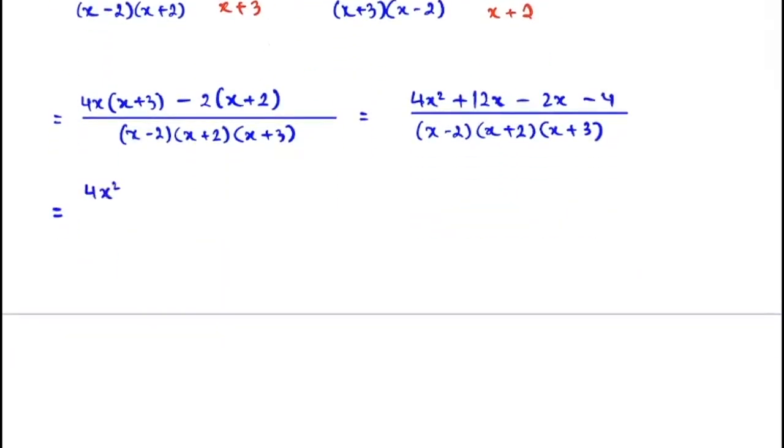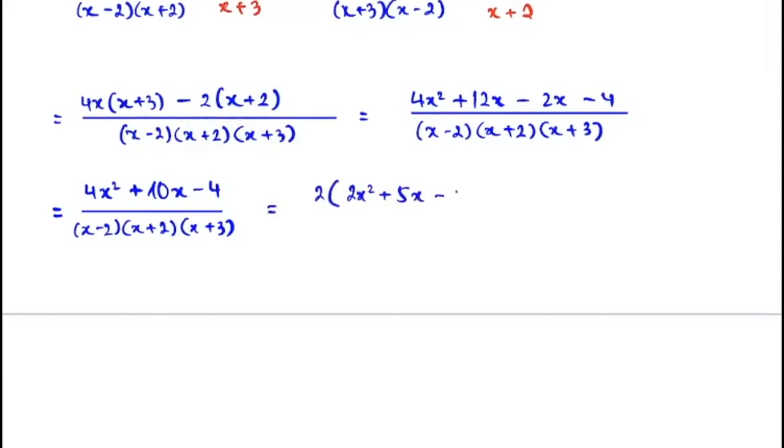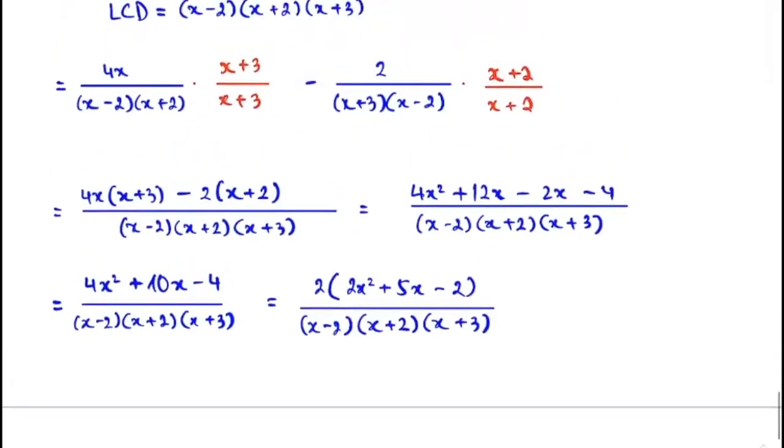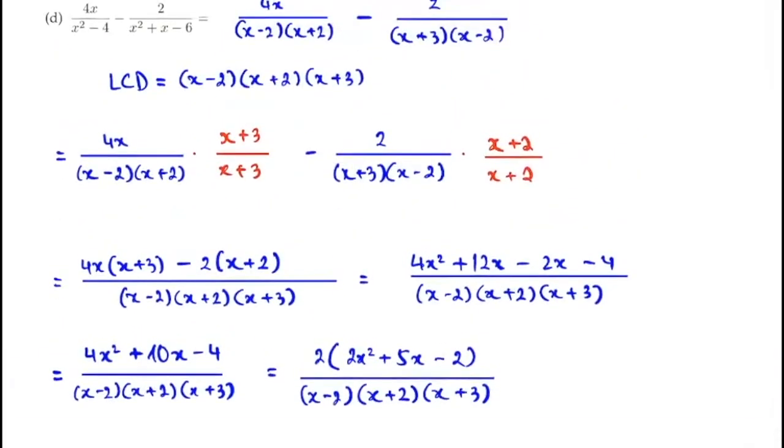You get 4x squared plus 10x minus 4 divided by x minus 2 times x plus 2 times x plus 3. So the numerator, you can take one more step. That is, the 2 is the common factor. Right? So you do 2 times 2x squared plus 5x minus 2 over x minus 2 times x plus 2 times x plus 3. So that is the final answer, but we're going to put in the conditions.